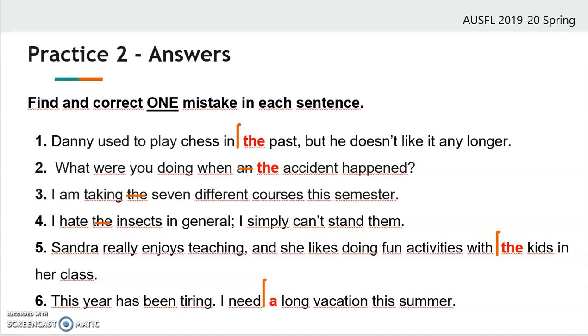The very last example exercise here. This year has been tiring. I need a long vacation this summer. The original sentence was: we need to use a before vacation, long vacation. So be careful here. We have a trick. First we have the adjective and we have the noun. So articles should be placed before the adjective.